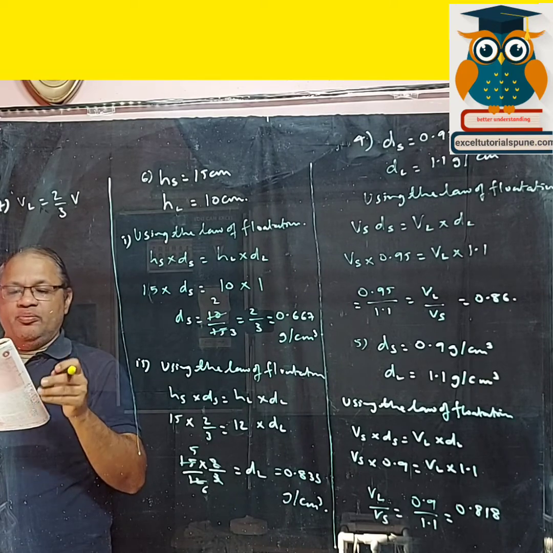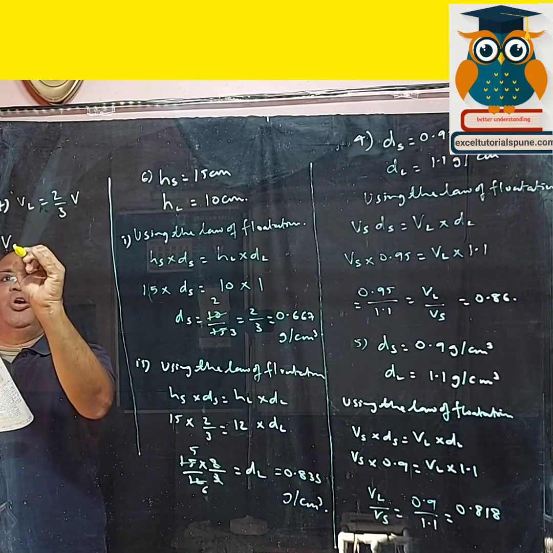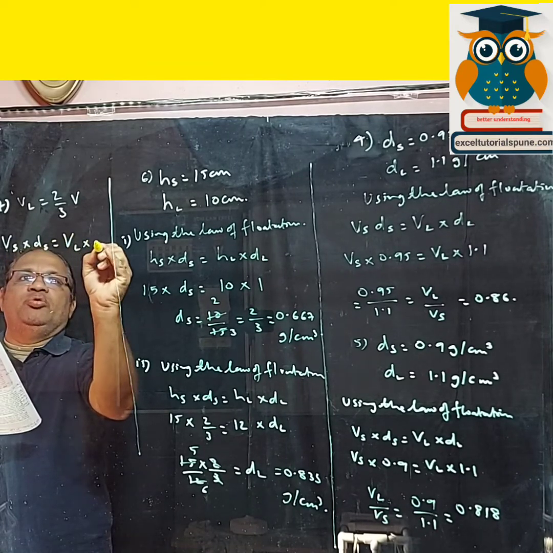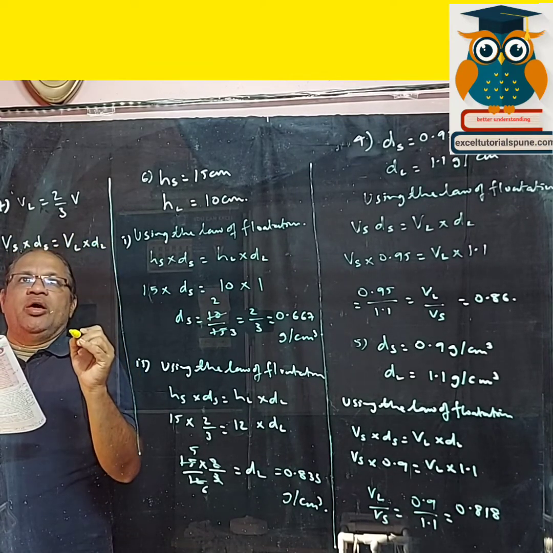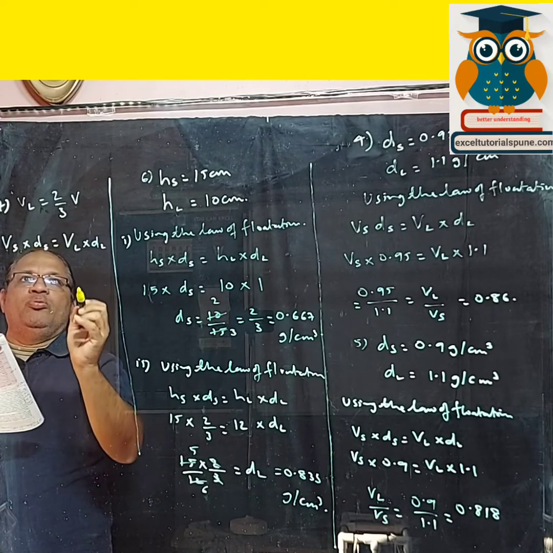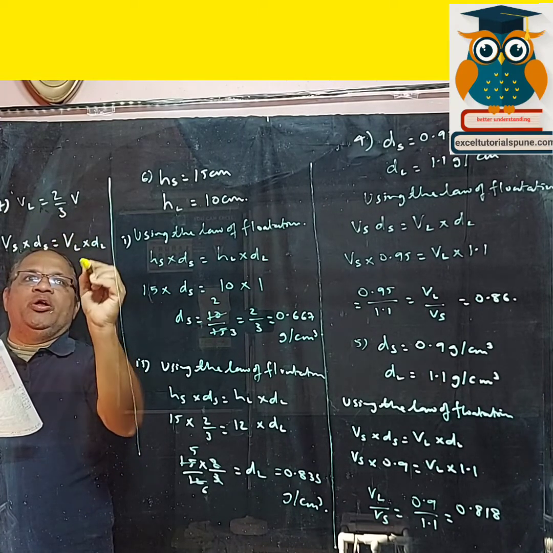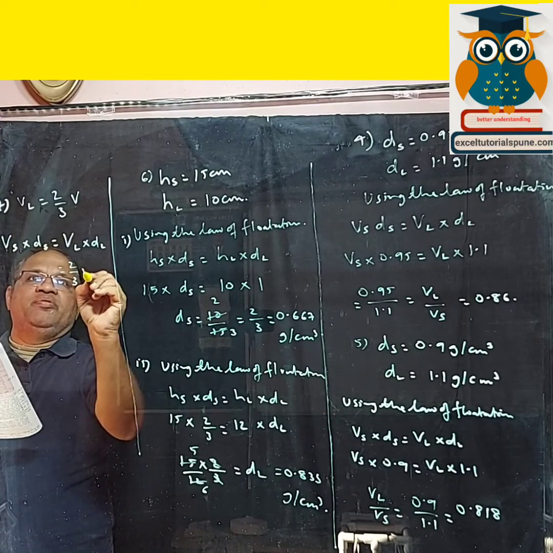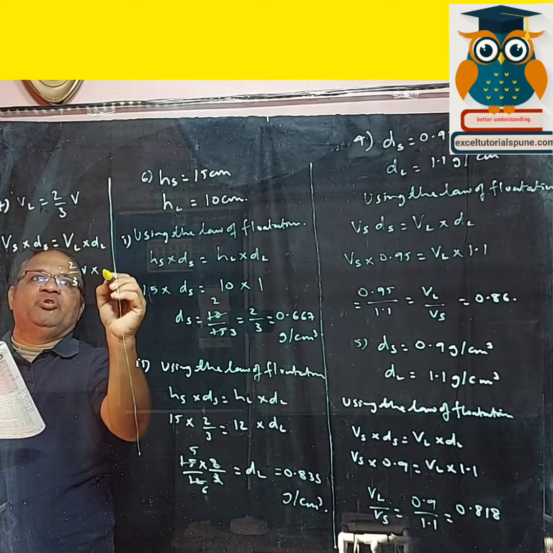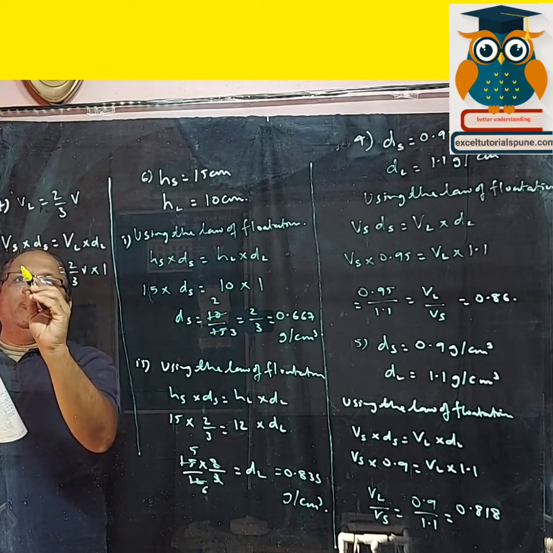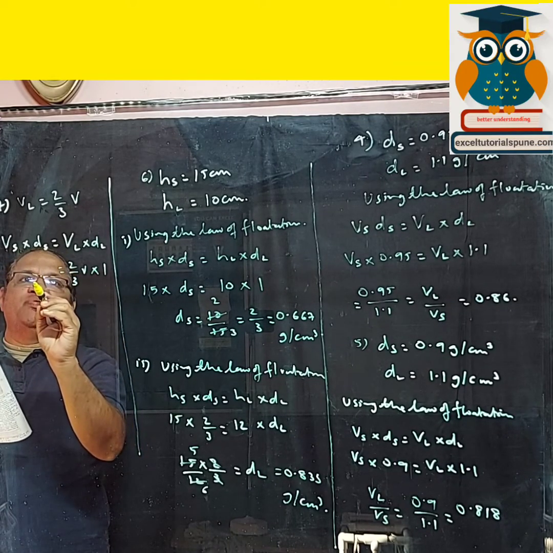So use the formula. Volume of solid into density of solid is equal to volume of liquid into density of liquid, and volume of solid in liquid is 2 by 3 V into density of liquid, we can take it as 1. Then volume of solid into density of solid.